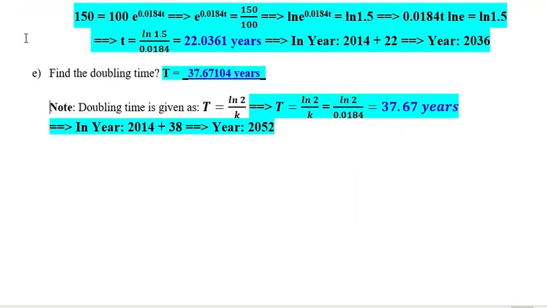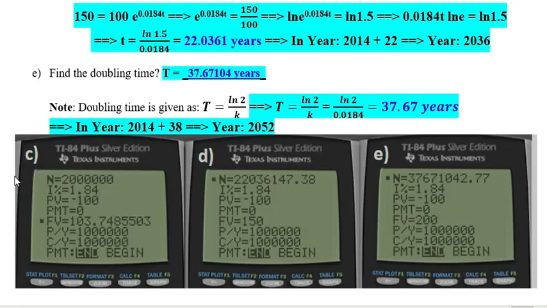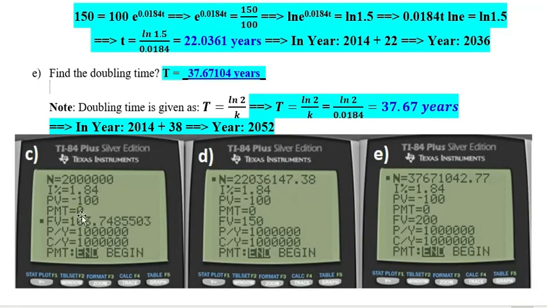Then we're going to use the TVM solver to calculate the population in 2 years, and the year that will reach the population of 150 million, and the year where the population will be doubled to 200 million.